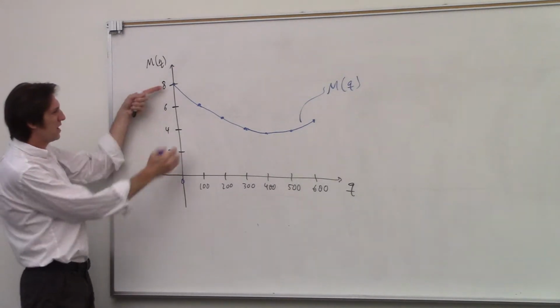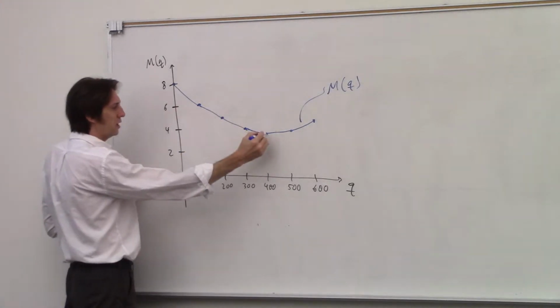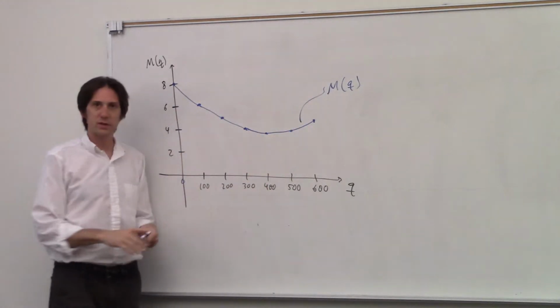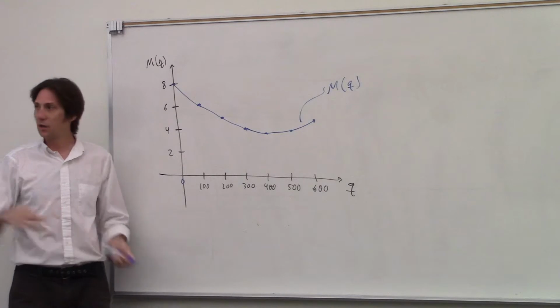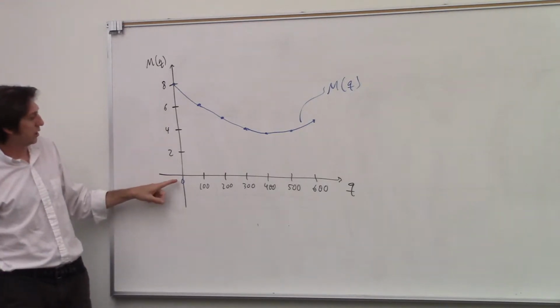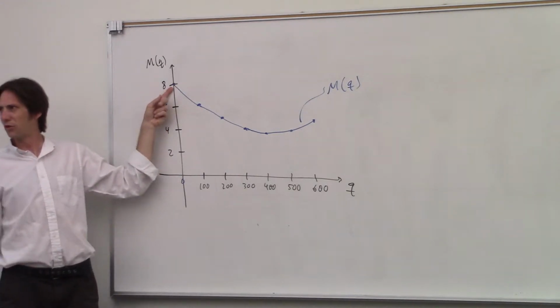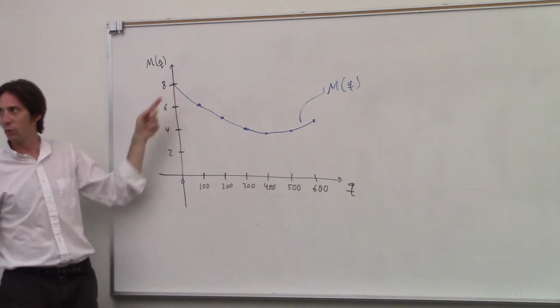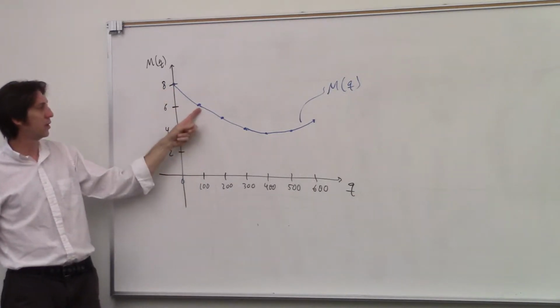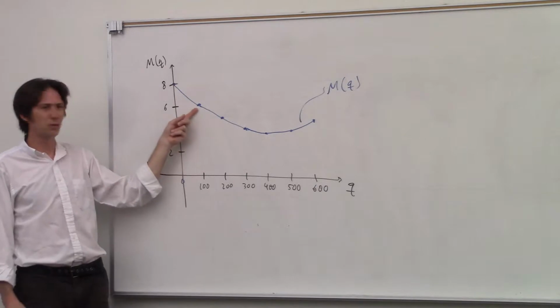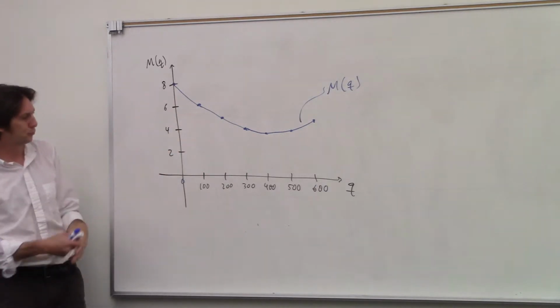In other words, the dots here are just the points defined by the table. When production is 0, the marginal cost was $8 per case. When the production level was 100, the marginal cost was $6.23 per case, etc.